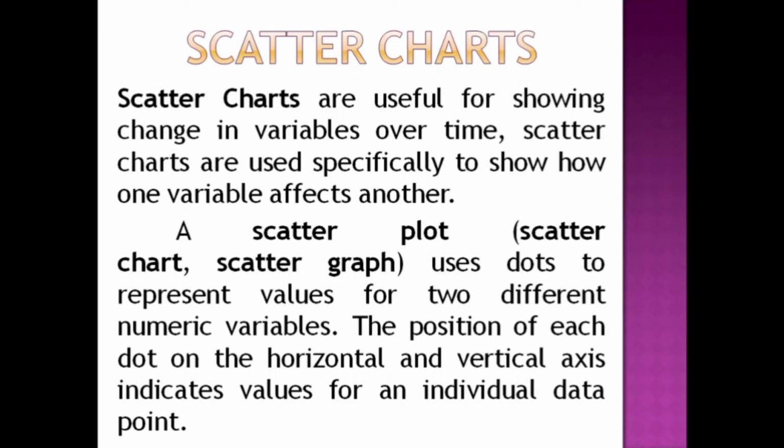A scatter chart is used specifically to show how one variable affects another. A scatter plot uses dots to represent the values for two different numeric variables. The position of each dot on the horizontal and vertical axis indicates the value for an individual data point.